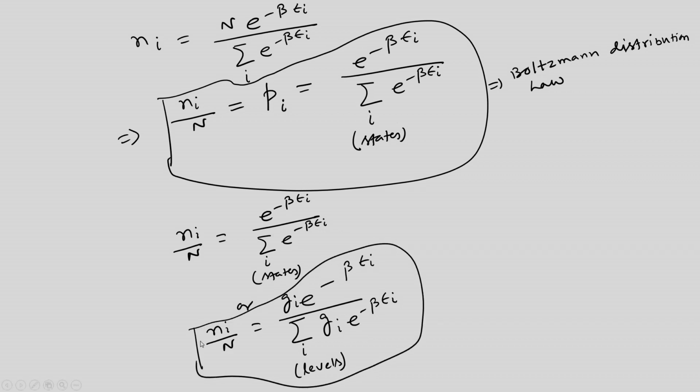Okay. So, if we consider degeneracy, we arrive at this expression, where g_i is the degeneracy of the ith state.